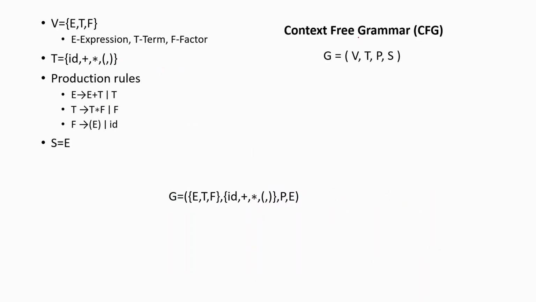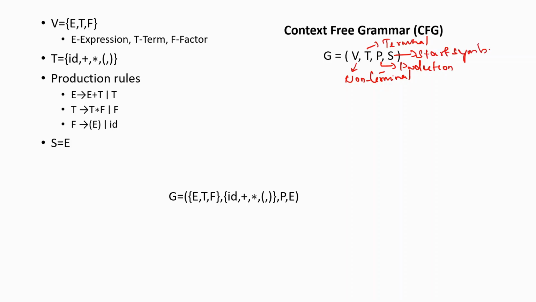And what is meant by context-free grammar? Context-free grammar is a combination of non-terminals, terminals, the productions, and the last one is the start symbol.